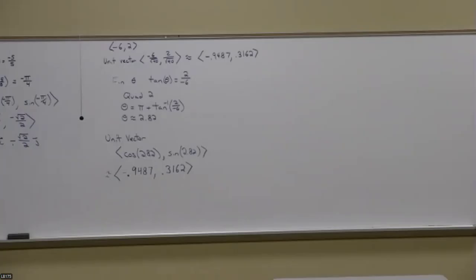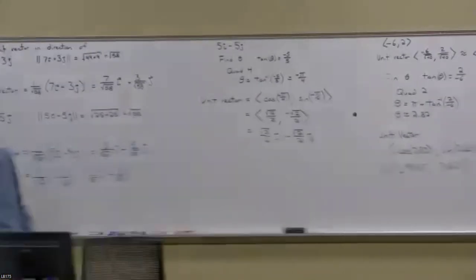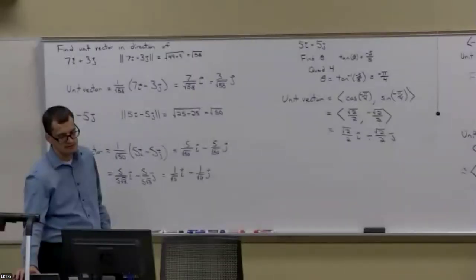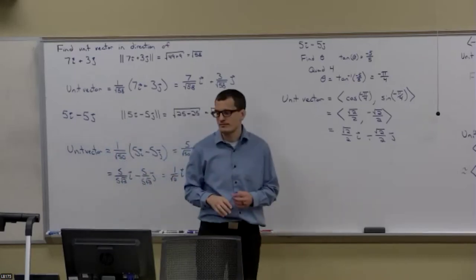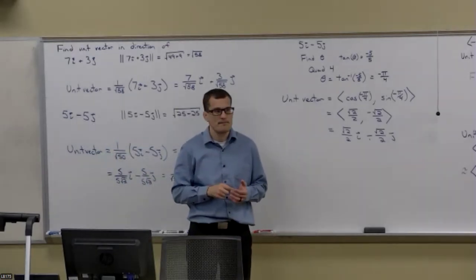I tend to like the scalar multiplication approach to it rather than finding the direction, because with finding the direction, you have to be really careful about what quadrant you're in. I don't like that quite as much. Make sense? There you go.